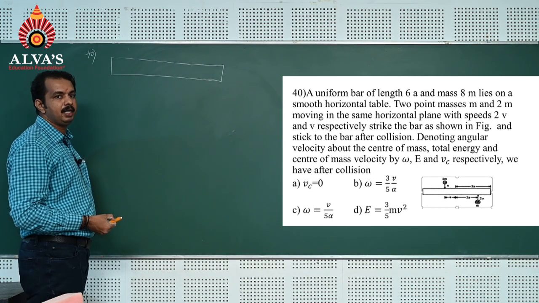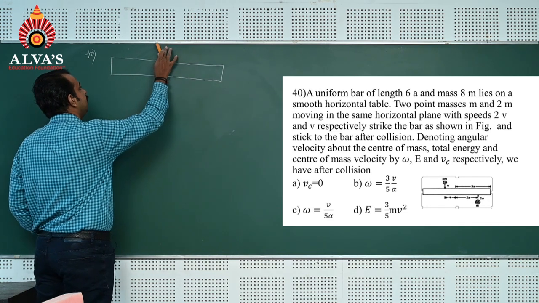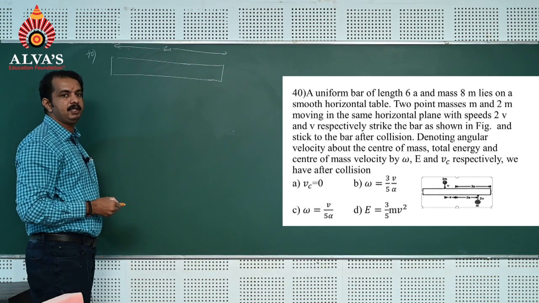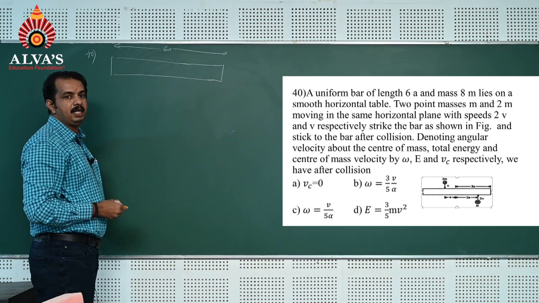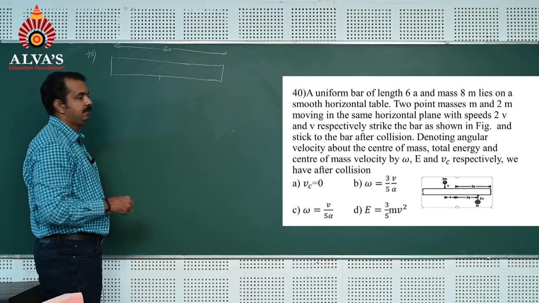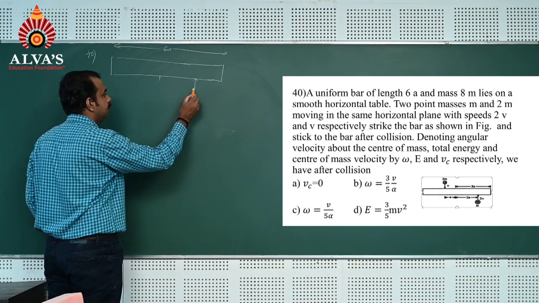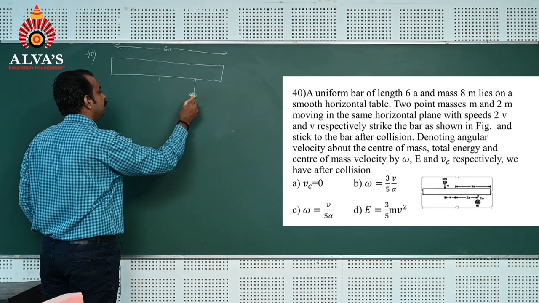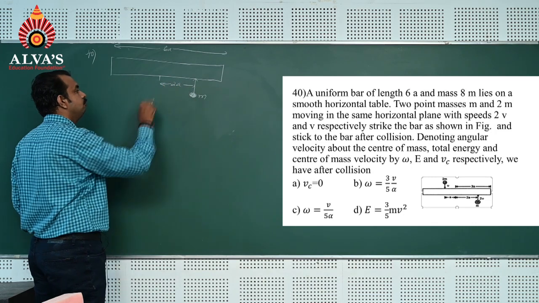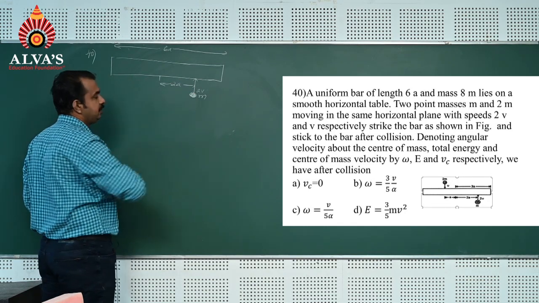This is a uniform bar of mass 8m and length 6a. We can take the length of this bar as 6a. It is given in the question that a mass m, at the center, strikes at a distance 2a from the center, and when it strikes, its velocity is 2v.